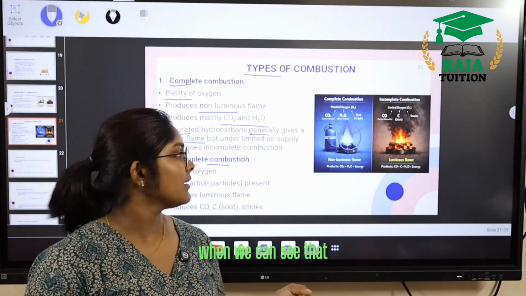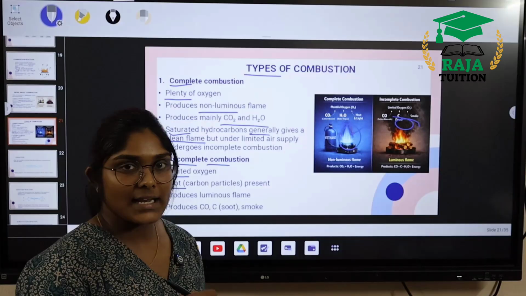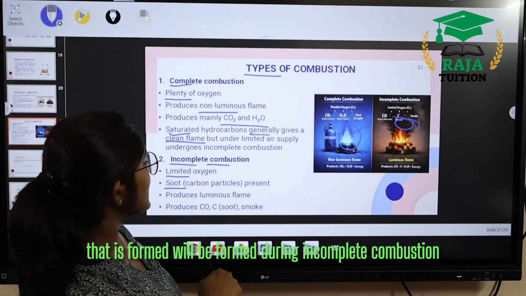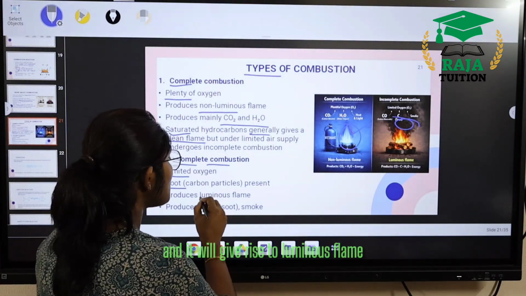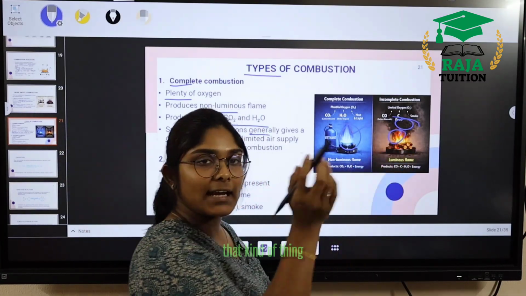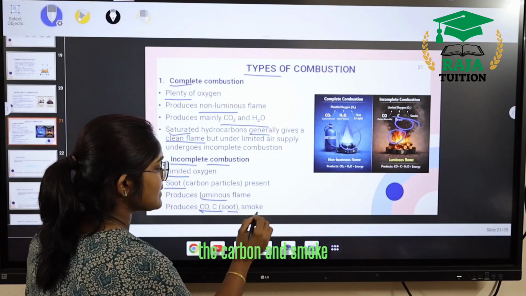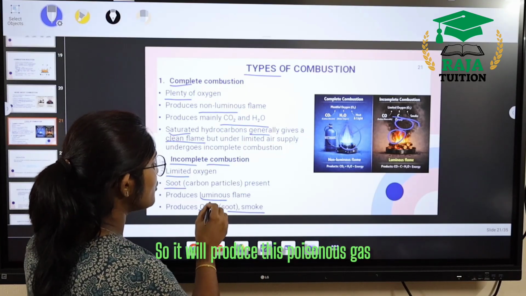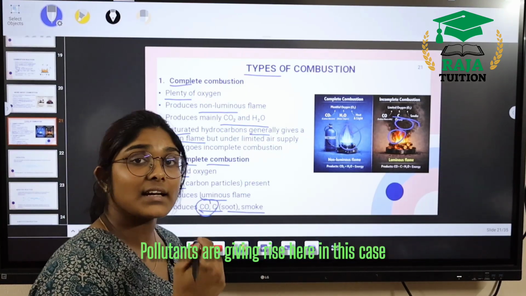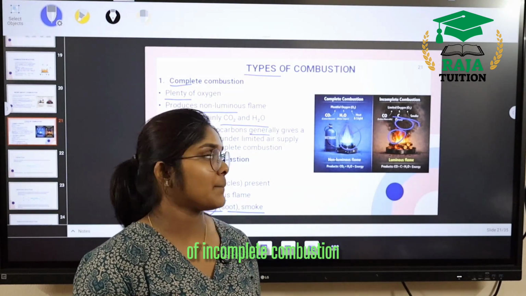It gives rise to a luminous flame, that is yellow or orange colored. That produces carbon monoxide, carbon and smoke. So it will produce this poisonous gas. Pollutants are given out in incomplete combustion.